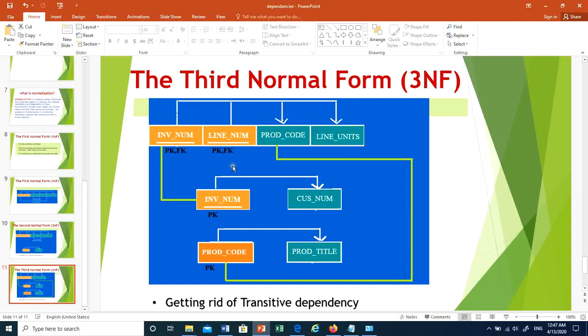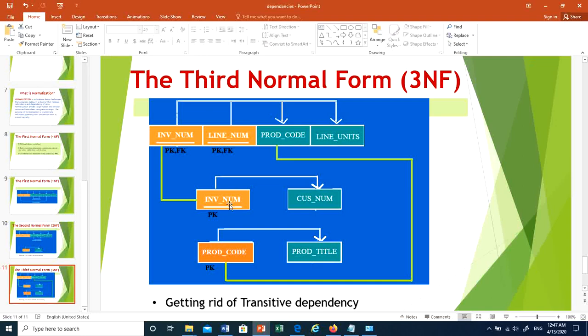Now there is a relationship between the three relations, in which the original relation is now down to only 4 attributes. Two of them make up this invoice number and line number, which makes up the composite key and can determine product code and line numbers. And here product code determines product title, and the relationship between product code and product title is in the sense that product code is a primary key and product code here in the first relation is a foreign key.